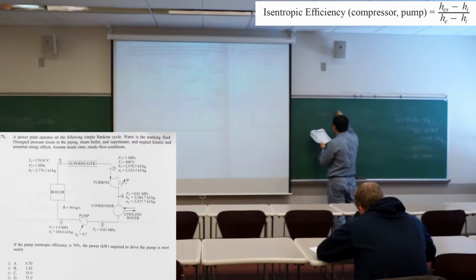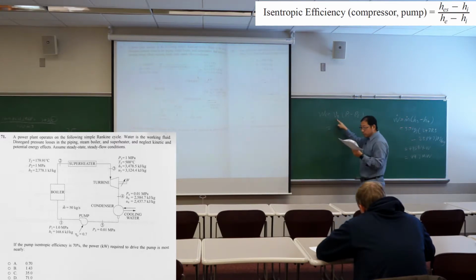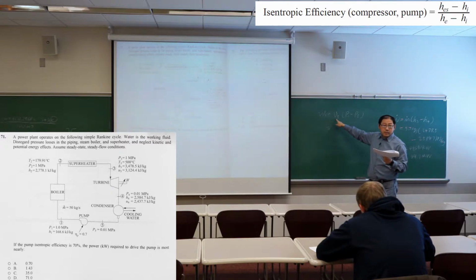It's specific volume and pressure difference. So you need to find the specific volume at the inlet of the pump. For this case, it's 0.01 megapascal.